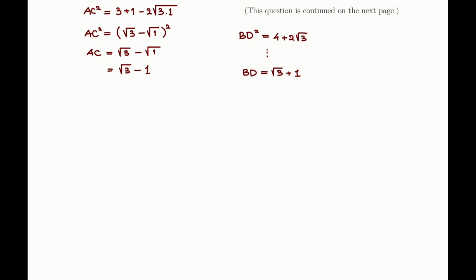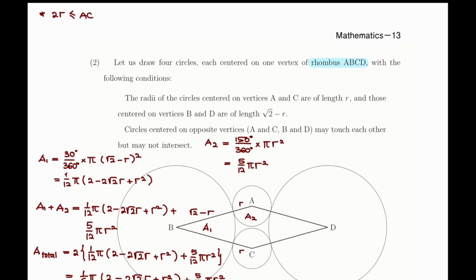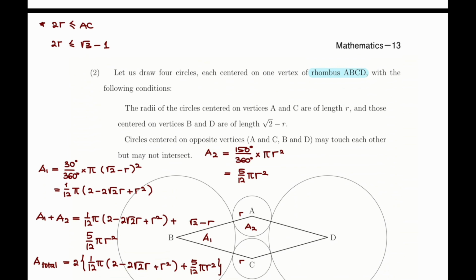AC is square root of 3 minus 1, so 2R must be less than or equal to square root of 3 minus 1. Then R must be less than or equal to square root of 3 over 2 minus 1 over 2.